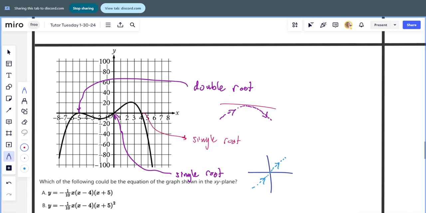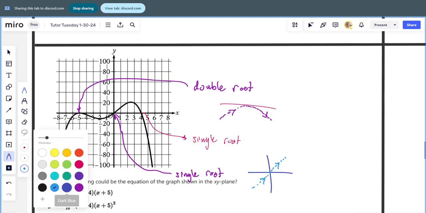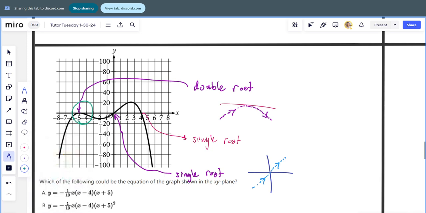Roots with odd multiplicities pass through, and ones with even multiplicities will bounce. So something that has an even multiplicity will bounce. That means it's probably going to be squared or to the fourth or whatever.